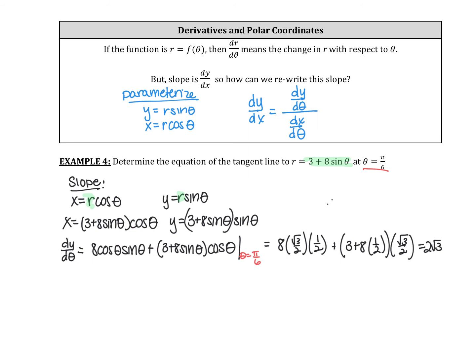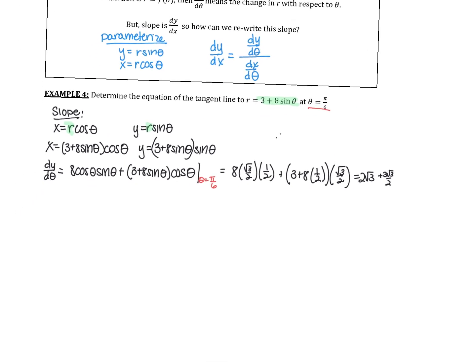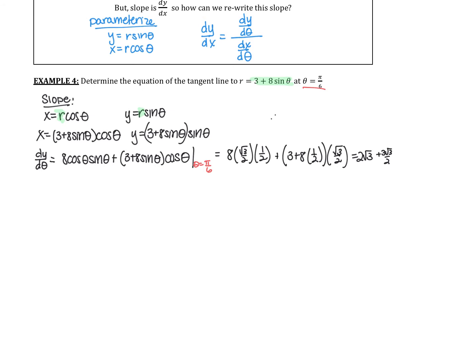And this next one, simplifying, we would end up getting 3 root 3 over 2, plus 4 times root 3 over 2, so that's 7 root 3 over 2, plus 2 root 3. If I combine all those, I think I get 11 root 3 over 2. And there's dy d theta.